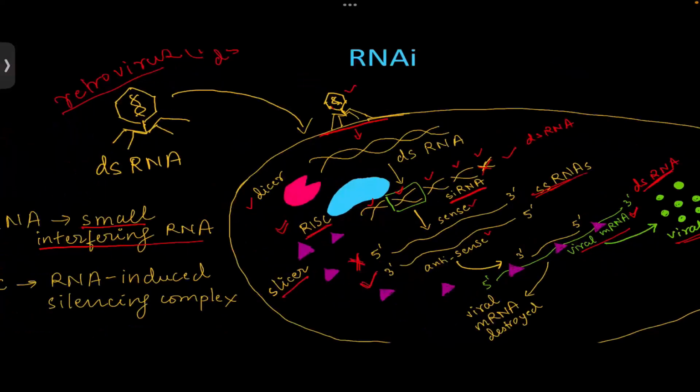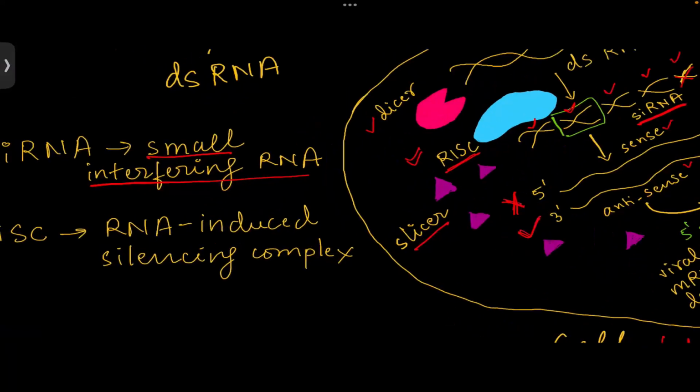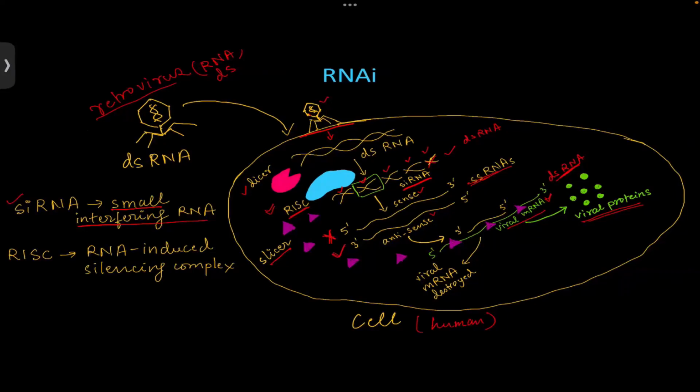The RISC complex actually stands for RNA-induced silencing complex. So this is the full form of RISC, and this is how the RNA interference mechanism works. I've taken the example of how retroviruses are stopped by this mechanism from expressing the important viral proteins and then stopped from making more and more retroviral progenies.